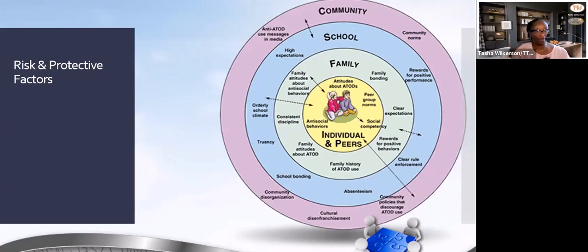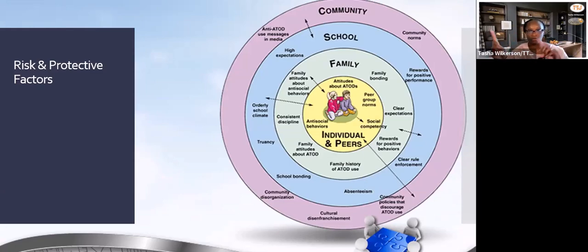Then in the family, a protective factor is family attitudes about antisocial behaviors. What does that mean? That means that mom and dad have sat the young person down and said, this is what I need you to know about alcohol, tobacco, other drugs, or other high risk things in communities. There's some conversation about that, some family bonding, some clear expectations, some rewards.